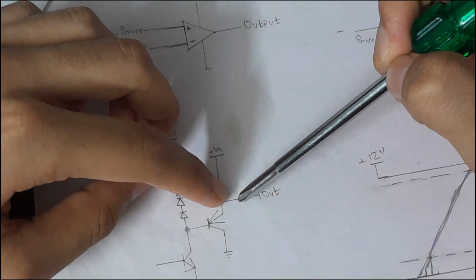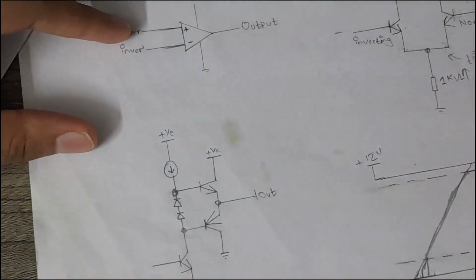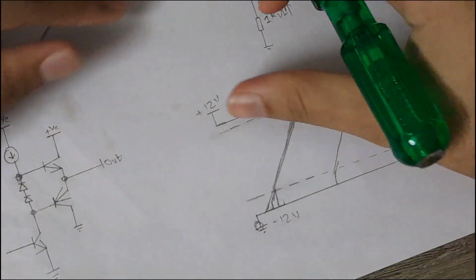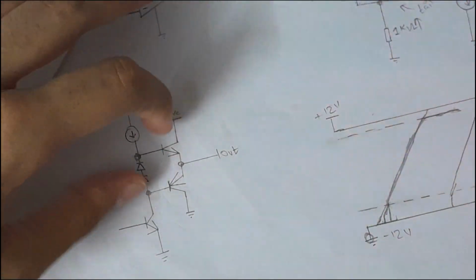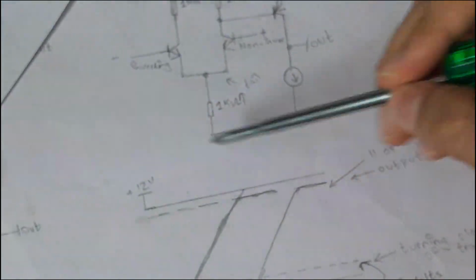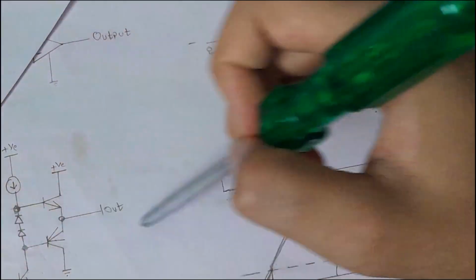Now the output of the amplifier can no longer touch the supply voltage rail, so it will settle to some voltage. Basically 1.2 volts is the biasing voltage for these two transistors. So if you are having 12 volts, 12 minus 1.2 volts is gonna be the output voltage of the amplifier.